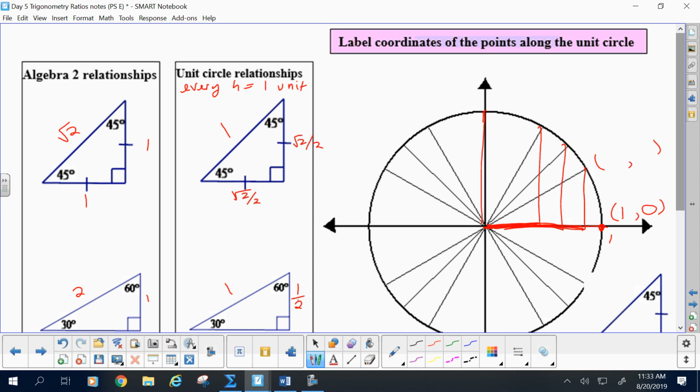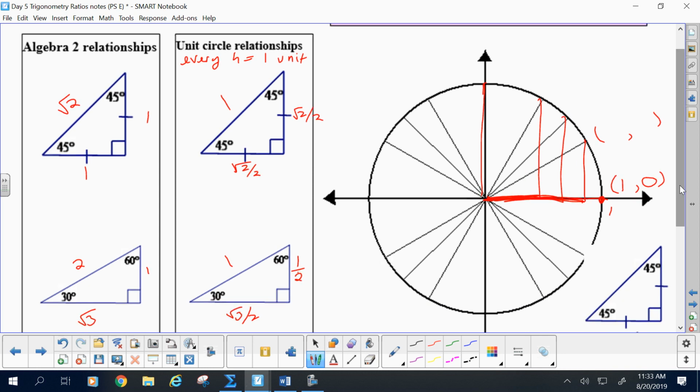In the 30, 60, 90 triangle, what's the long leg? Root 3 over 2, and what's the shortest leg? 1/2, okay? And a pi over 4, 45, 45, 90, what are the legs? Root 2 over 2, root 2 over 2.